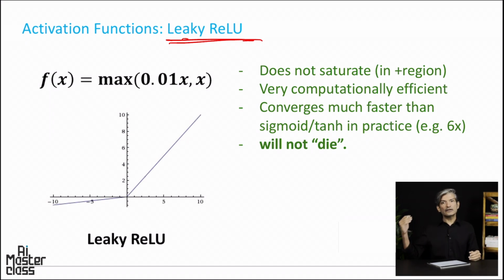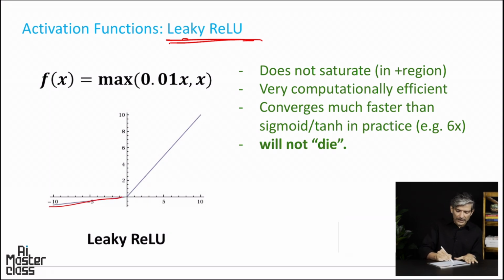Why? Because gradient flow in GANs is even harder, because there's a very sparse signal and the gradients are very weak. What happens with ReLU is that in the negative region it completely kills the gradient, but leaky ReLU passes at least a little bit. So what is leaky ReLU?